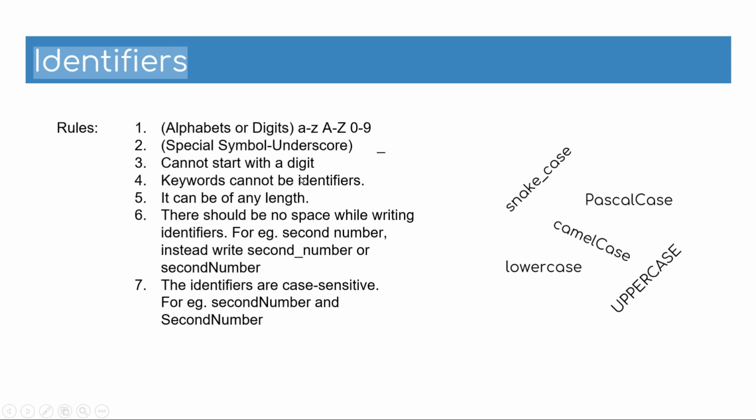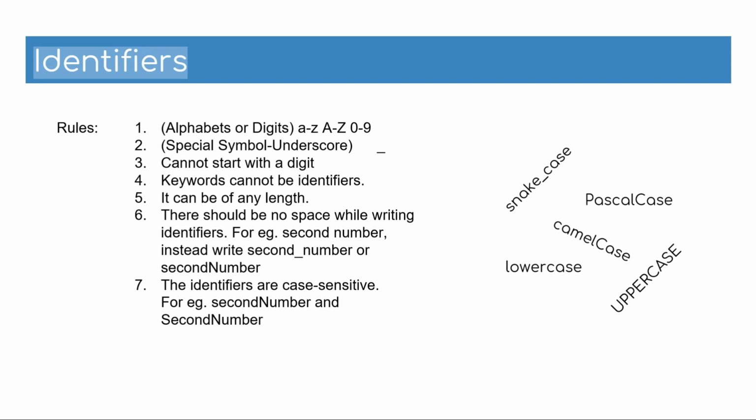As discussed earlier, keywords have a special meaning to the language interpreter. The fifth rule is that it can be of any length. So you can write identifiers of any length. After that, the sixth rule is that when you are writing any identifier name, there should be no space in it.